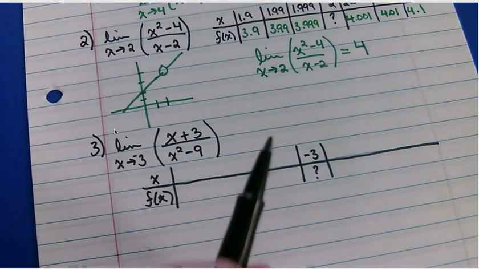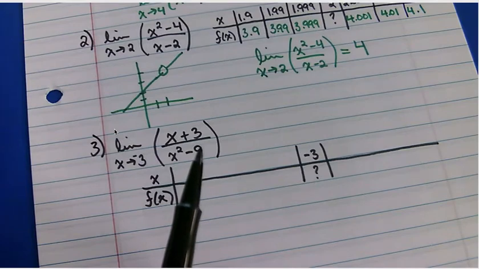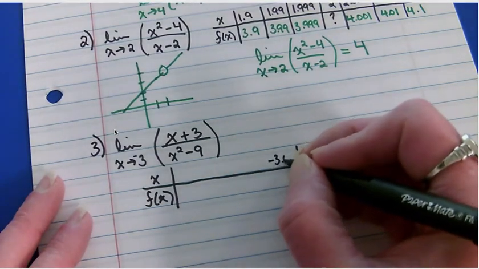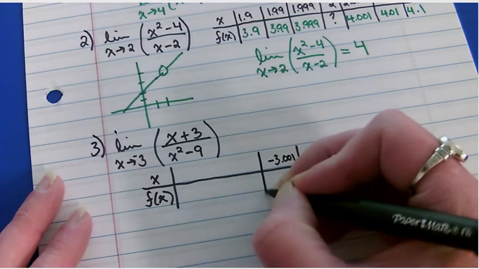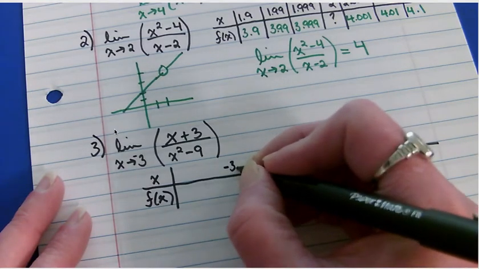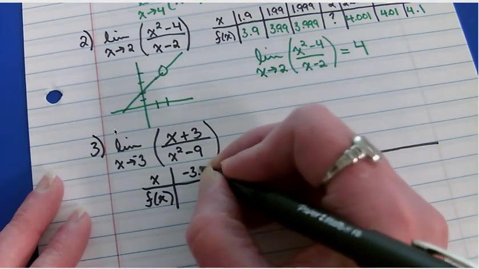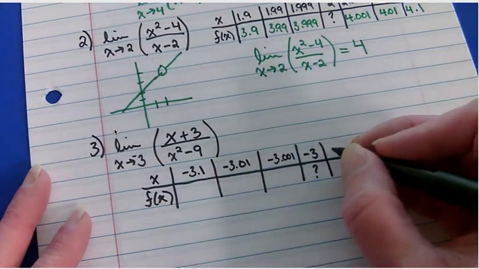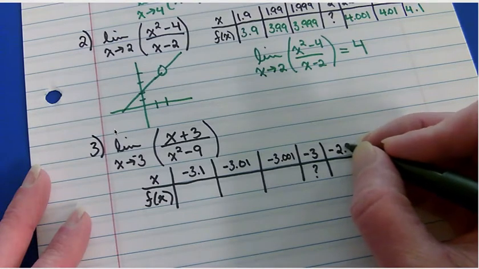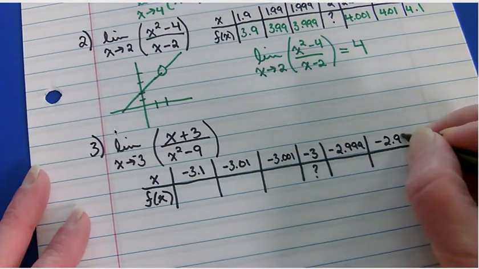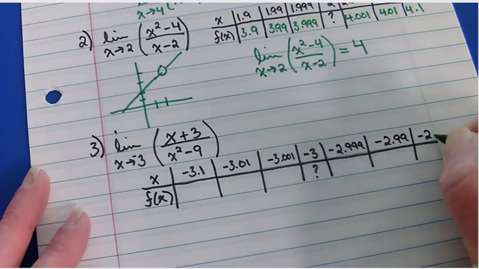Now remember how negatives work. This would be negative 3.001. This would be negative 3.01. And this would be negative 3.1. Over here would be negative 2.999, then negative 2.99, then negative 2.9.